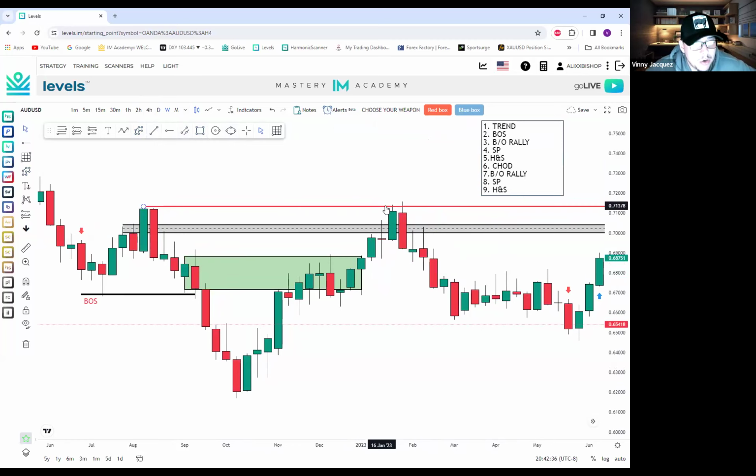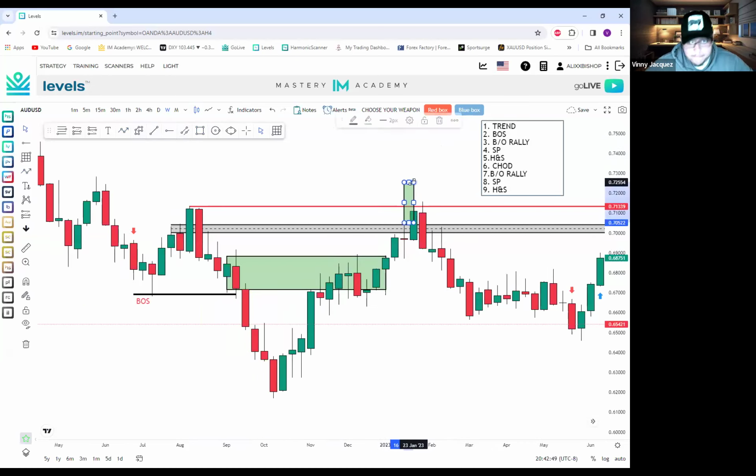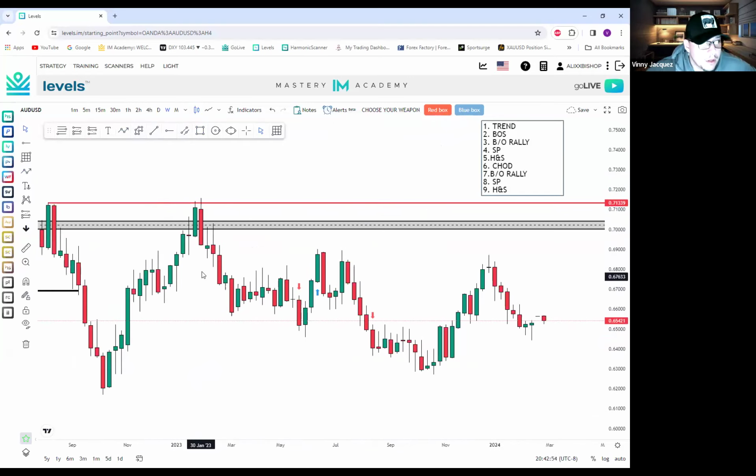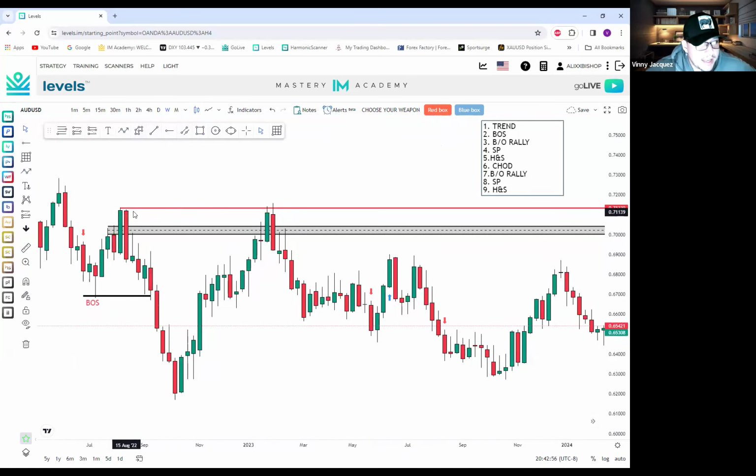Because it stayed below and inside our setup, we can continue to look for sells. But if this setup right here would have been violated with a nice bullish candle, we're no longer looking for sells, we look for buys. So boom. I just wanted to break that down real quick, because a lot of people get tricked up on that.